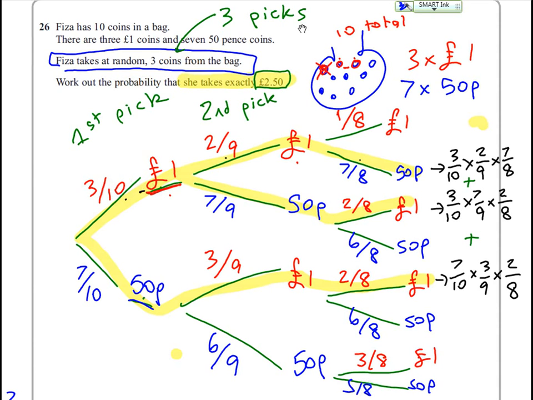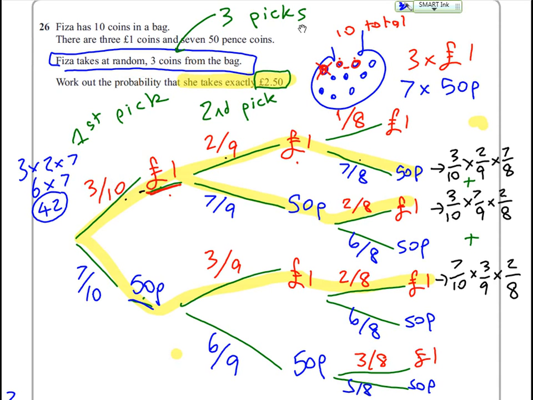But we need some working out on the side to figure out what these fractions are. So let's work out the top of our first fraction: 3 times 2 times 7. 3 times 2 is 6, times by 7. If you know your times tables, 6 times 6 is 36, put another 6 on, 42.